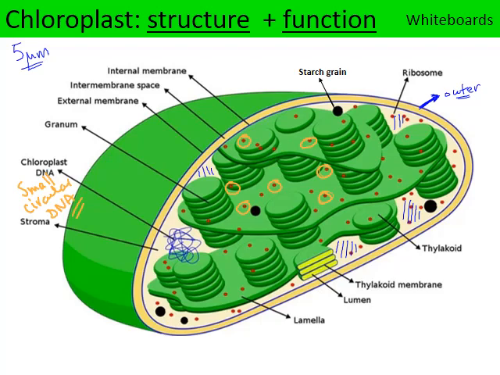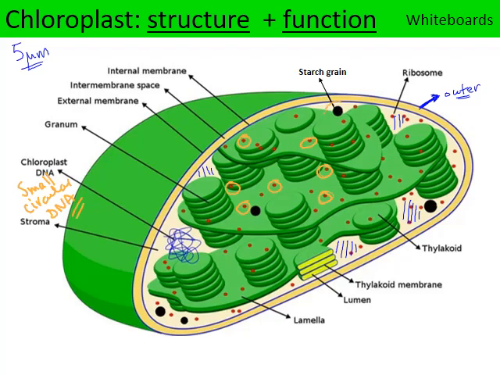So all the genes, or alleles we could say, which are variants of a gene, all the alleles that code for the mRNA, that codes for the proteins inside the chloroplast, are located on this small circular DNA inside the stroma. So anytime we've got genetic material, we will get messenger RNA, and that is then translated at the ribosomes.